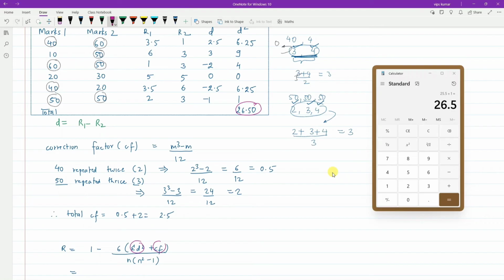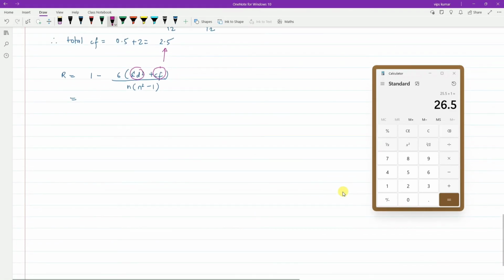Then the correction factor we just evaluated is 2.5. We need n. N is the number of bivariate data that we have. So we have 1, 2, 3, 4, 5, 6. So n is 6.